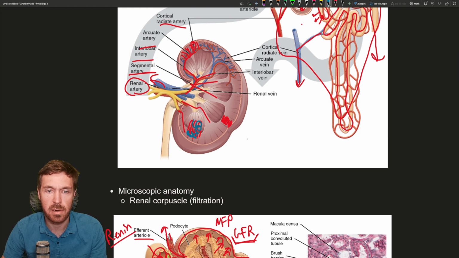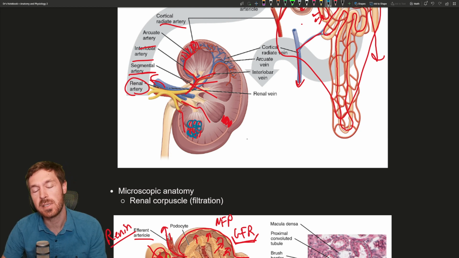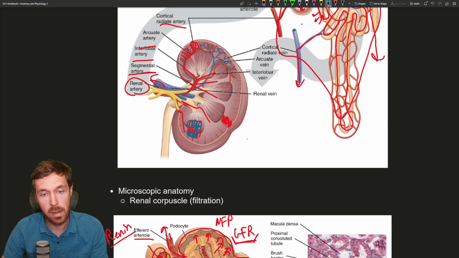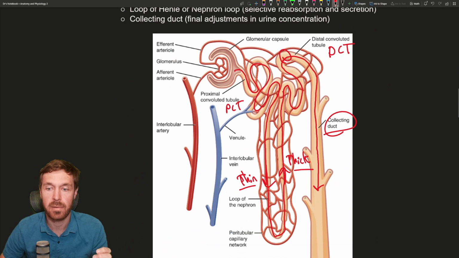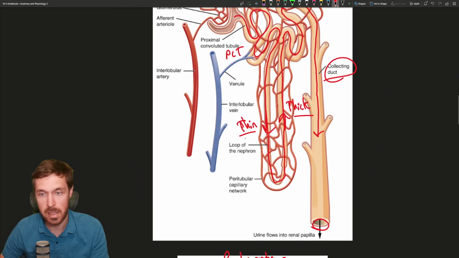Down here you have the vasa recta capillaries. The vasa recta, along with these deep loops of Henle, are creating concentrated urine for when those collecting ducts drain down through here, because they're affecting the concentration. When you get down to the bottom, it becomes a very high concentration, and that can change the collecting ducts. A little bit too much info there for you all, so don't worry too much about it.